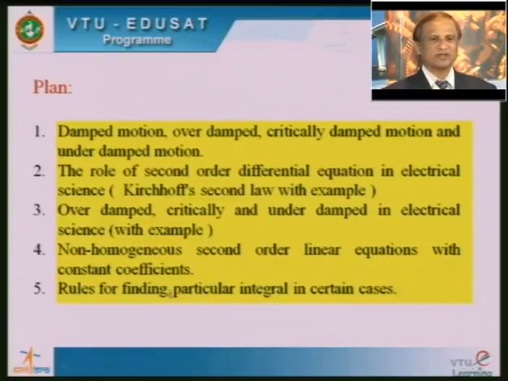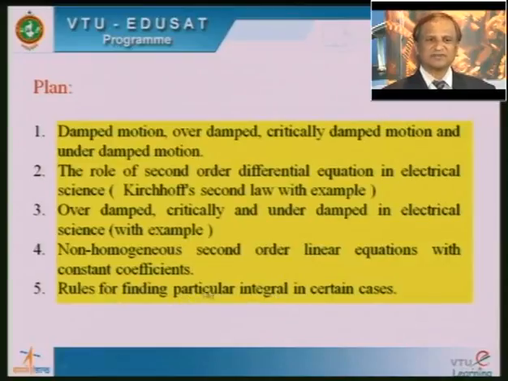Because we know that if the given equation is a non-homogeneous equation, the complete solution is y equal to complementary function plus particular integral. If the right hand side member is not equal to 0, I have to calculate the particular integral.